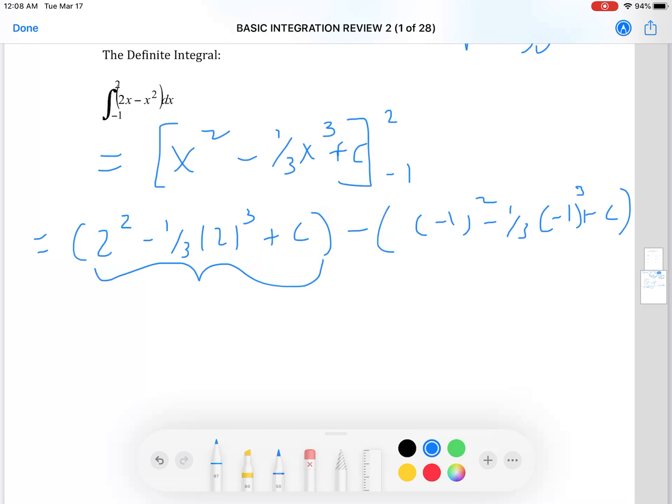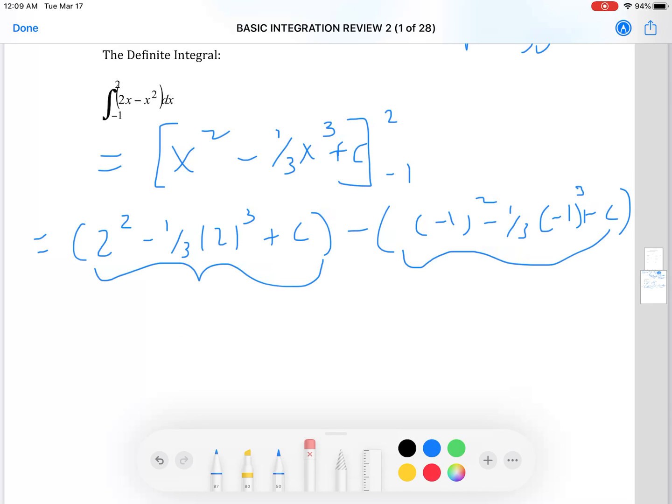So maybe you want to work out this and get some number, and then work out this and get some number plus c as well. That way you're really just subtracting 2 numbers. So this can make you immune from those famous sign mistakes that people make. But for now, we'll just evaluate this together.